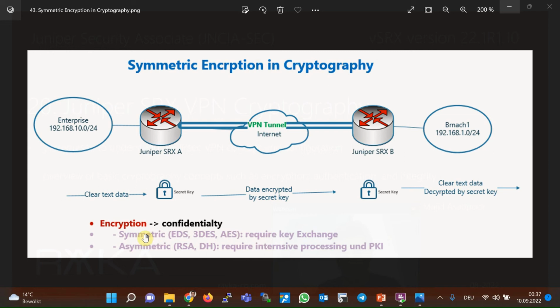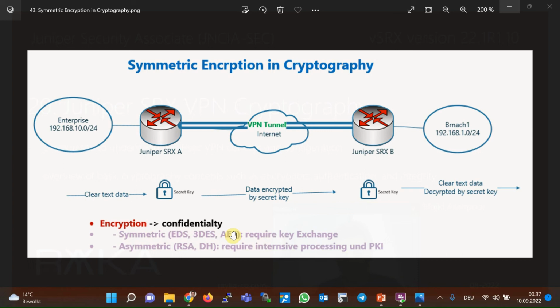Usually, symmetric encryption is used to encrypt traffic because symmetric encryption algorithms are more efficient compared to asymmetric encryption algorithms. DES, triple-DES, and AES are the most common encryption algorithms used in secure communications. DES is the least secure, and AES is the most secure method.